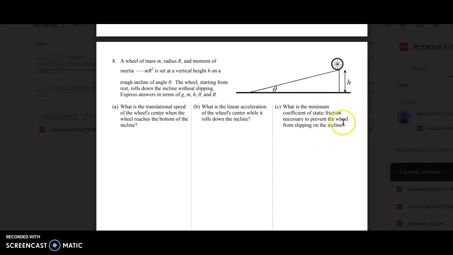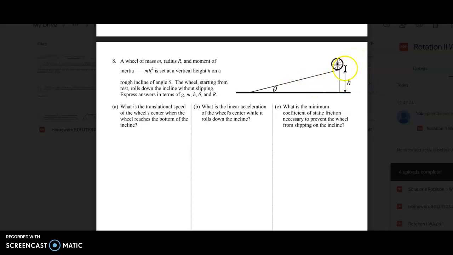What is the minimum coefficient of static friction necessary to prevent the wheel from slipping? When the wheel doesn't slip, if I sum all the forces on the wheel, they are the parallel component of mg, that's a force on it, minus the frictional force acting the other way.